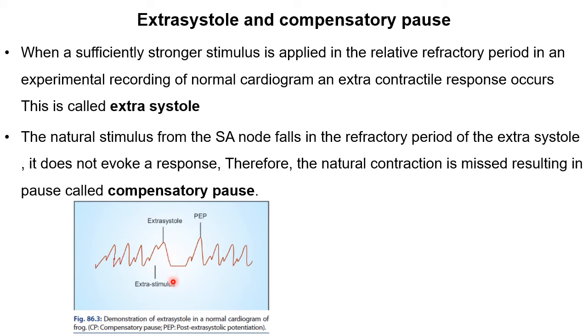So you can see a pause which is called as compensatory pause. So this is another unique property possessed by cardiac myocyte. That is, when it is stimulated during the relative refractory period, it responds by generating an extrasystole and a compensatory pause.